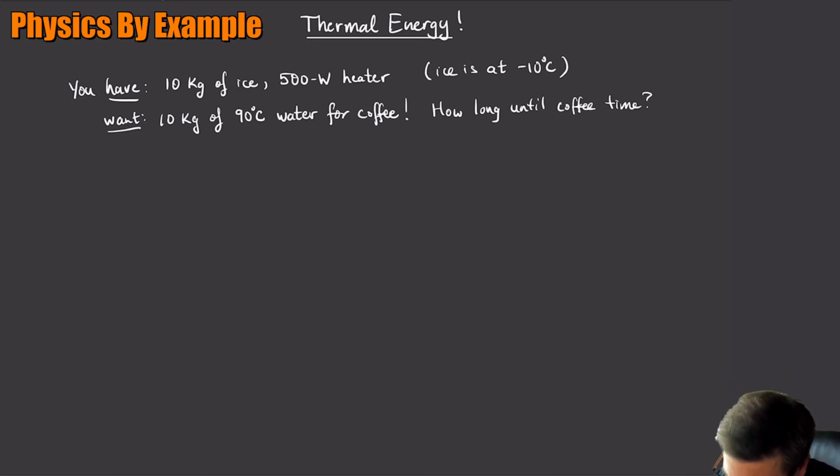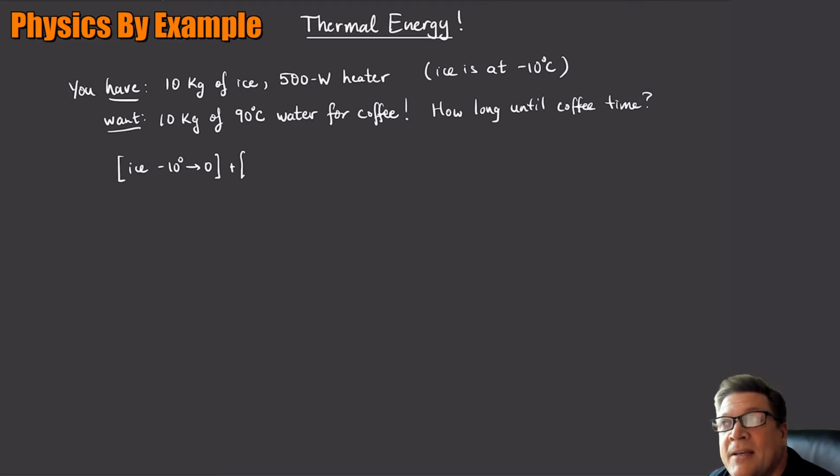First, you need to bring the ice from its starting temperature of minus 10 up to 0. And then the ice changes phase. While it's changing phase, all you're doing is breaking the bonds that stick the water molecules together to form ice.